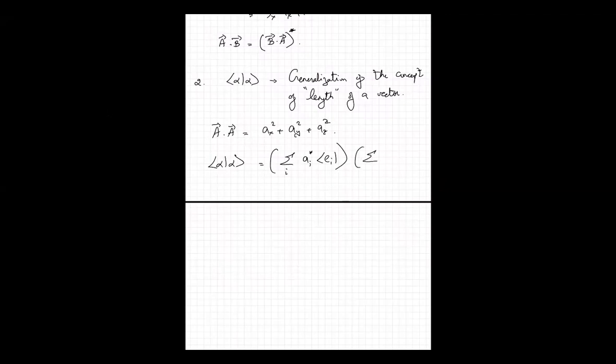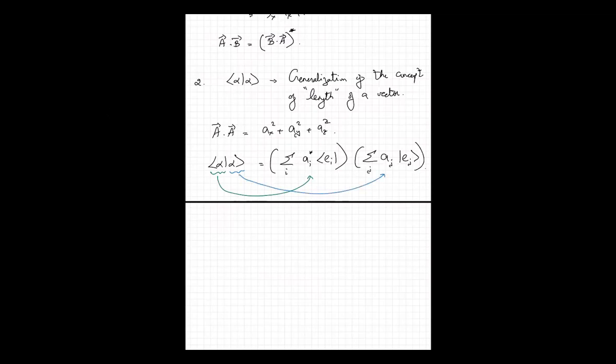And for the ket alpha, I will use a different symbol, j, sum over j of aj times ej. So I hope this is clear. I've expanded bra alpha as a linear combination of the basis vectors in the bra space, and I've expanded the ket alpha as a linear combination of the basis vectors in the ket space.